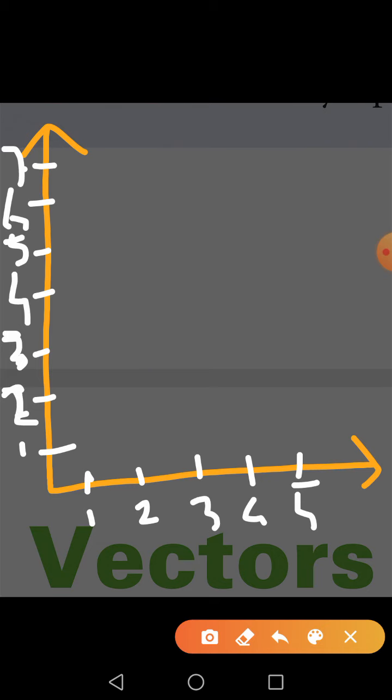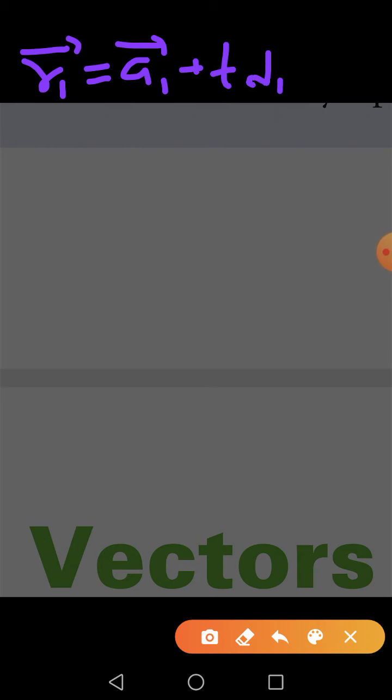So now let us learn some basics of the vector considerations between two lines. For example, one line has an equation R1 equals A1 plus T into D1.